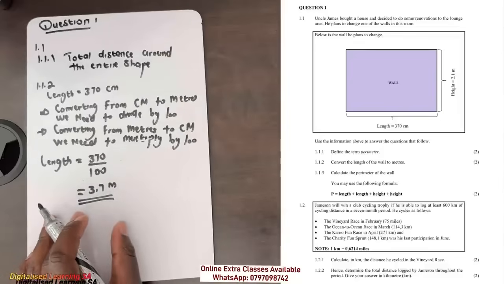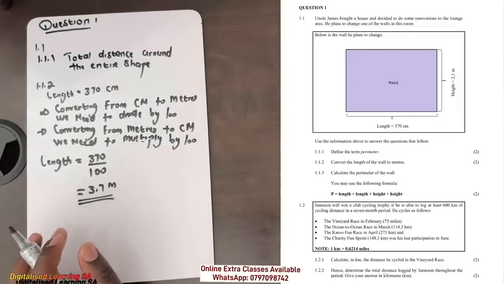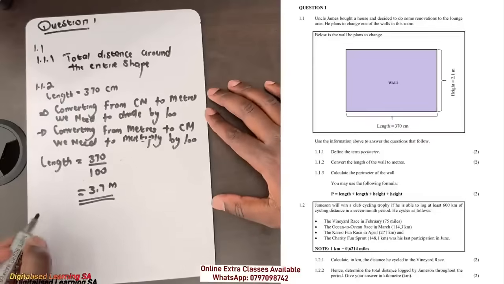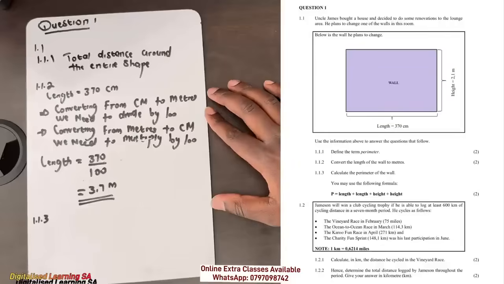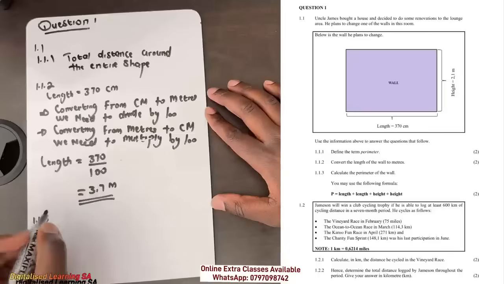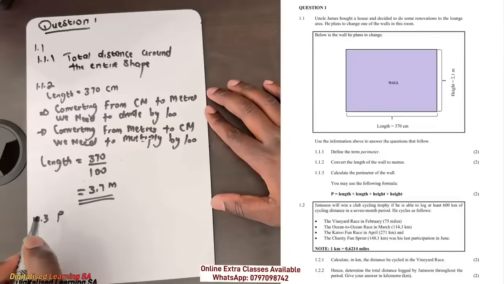Okay, so now let's move to the next question, which is question 1.1.3. So question 1.1.3 says calculate the perimeter of the wall. You may use the following formula. So remember guys that the perimeter is the total distance around the shape.